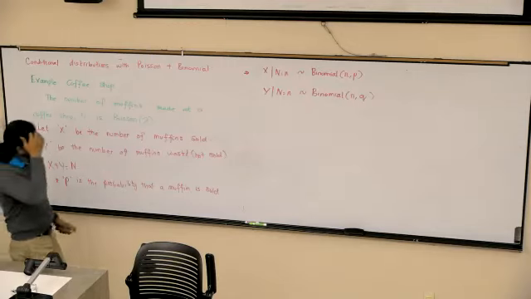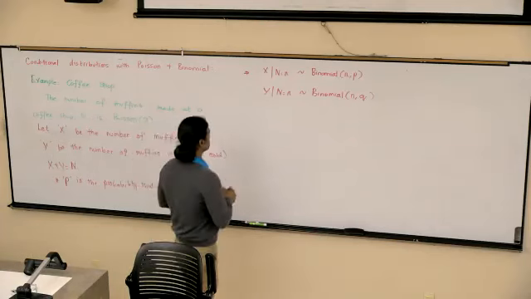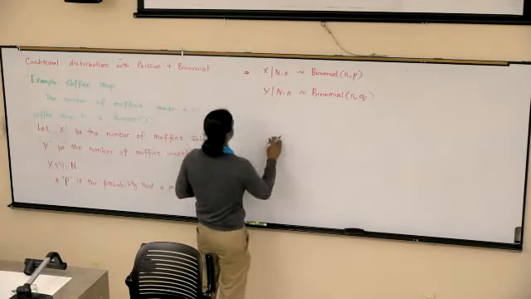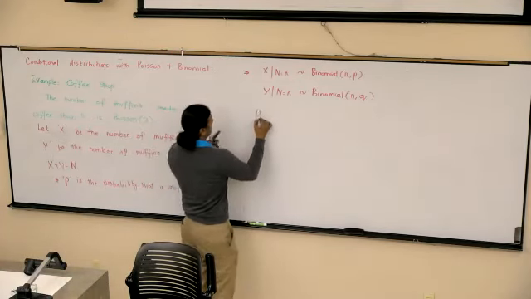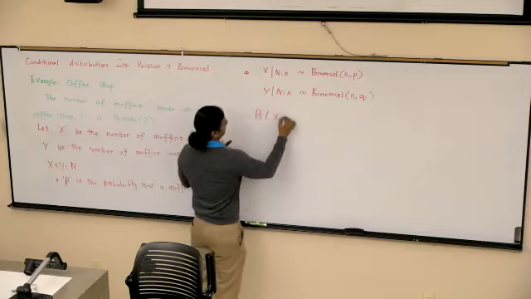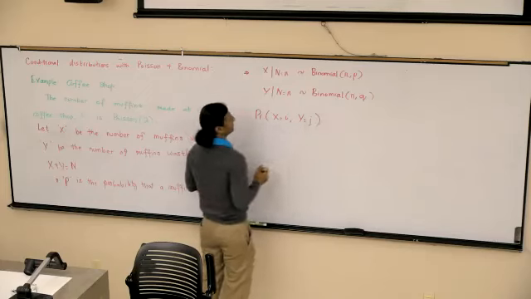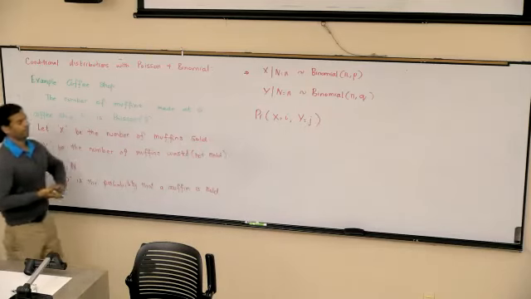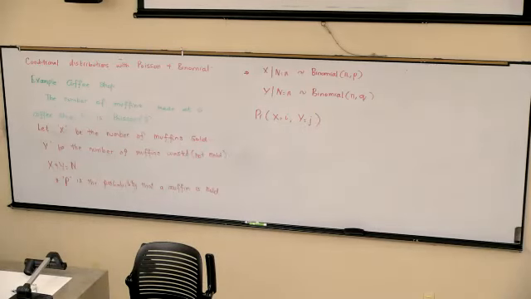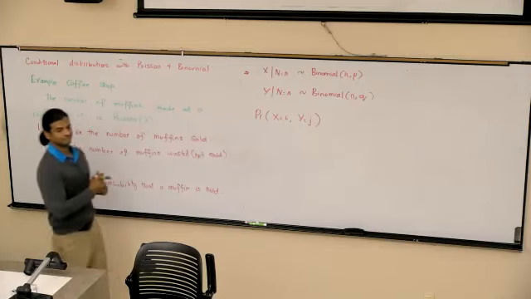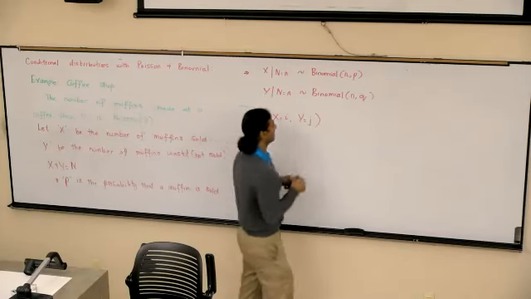Okay, so what would the joint distribution of x and y look like? Well, this joint distribution is only going to work under one condition. And what is that one condition? I plus j equals n.